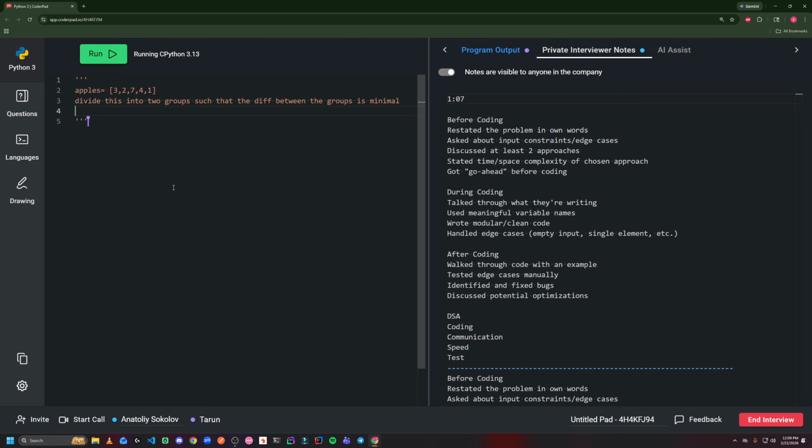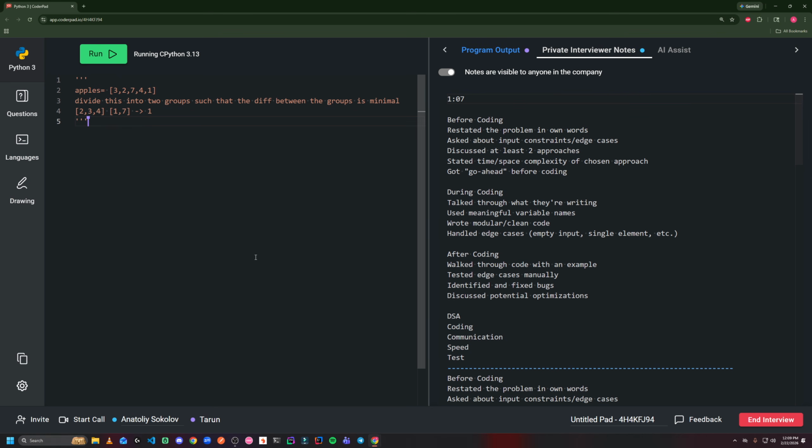For example, we can divide it into 2, 3, 4, and 1 and 7. One would be 9 and the other would be 8. So just divide it into two groups, then you just return the minimum difference that you get. In this case, it'd be 1. Okay. And feel free to ask anything you want to.